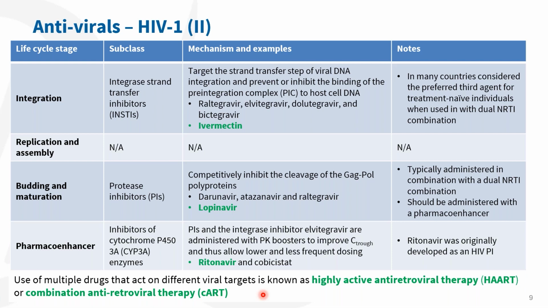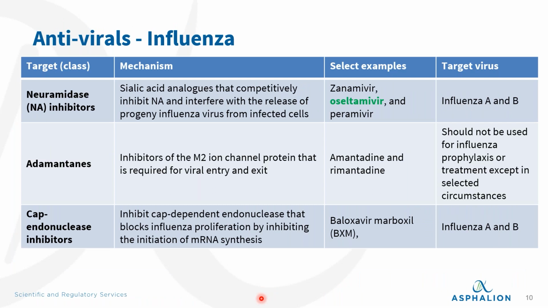One of the reasons for that is it reduces the risk of having reversion and escape mutants, for example, from the treatment. I haven't got time to go into details on the mechanism of that, but that's clearly quite a critical issue, not only for HIV, but potentially later for coronavirus, and indeed also happens with influenza.